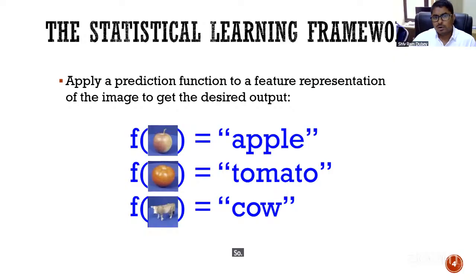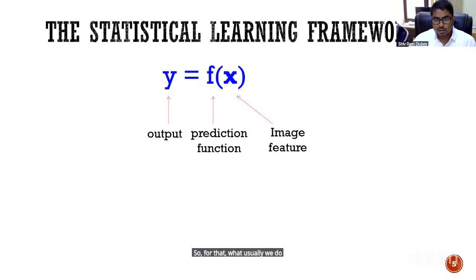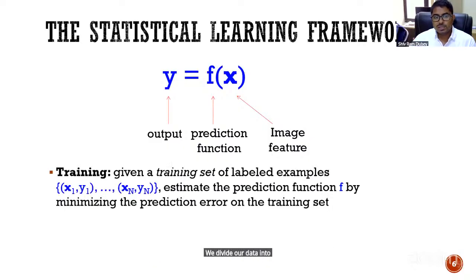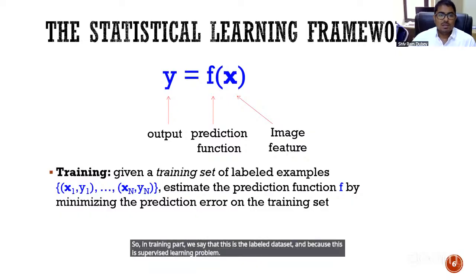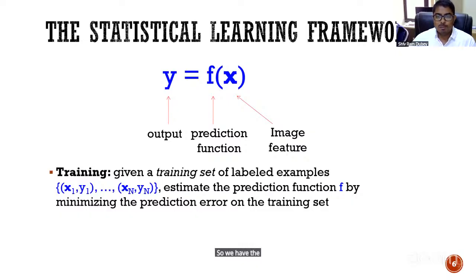In a statistical learning framework, we usually divide our data into two parts, the training and testing parts. In the training part, this is the labeled data set, because this is a supervised learning problem, so we have the training set of labeled examples.